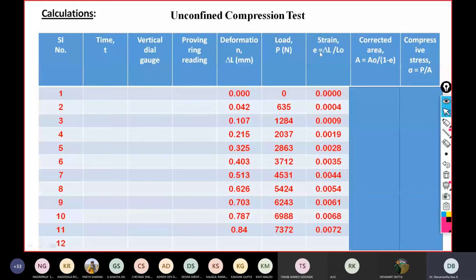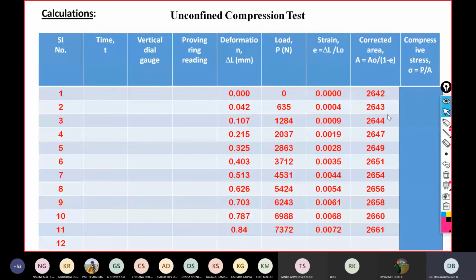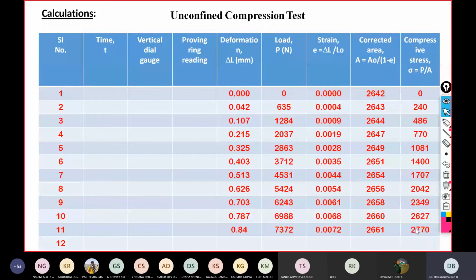Now I can calculate the compressive stress at different stages, which is nothing but sigma, defined as applied load divided by the corrected area. Applied load is this column, divided by the corrected area. So this is the corrected area, and these are the compressive stresses.